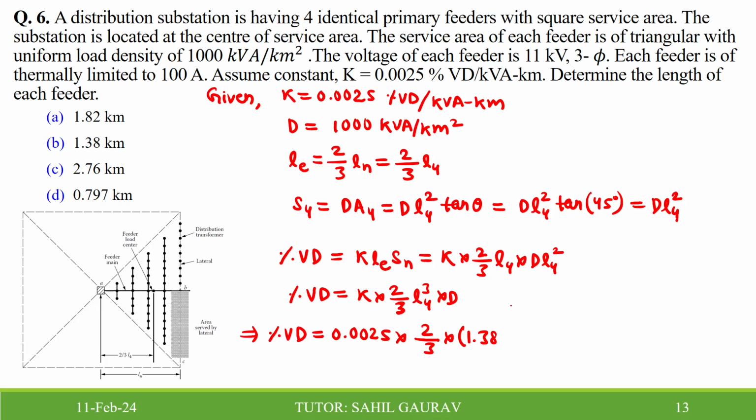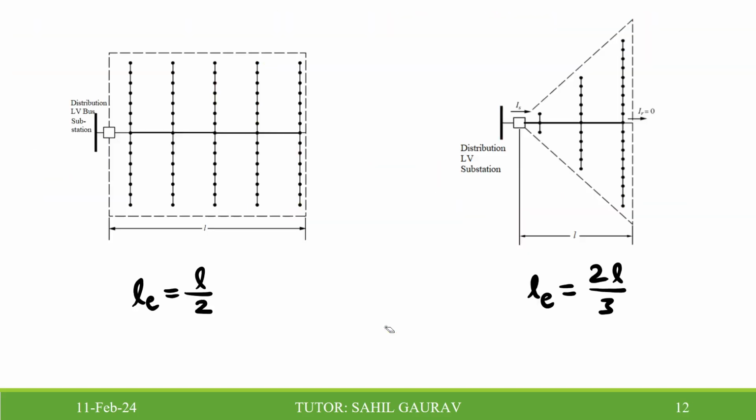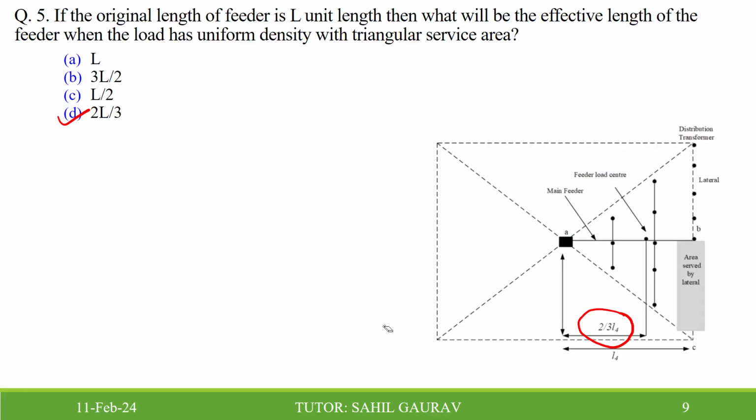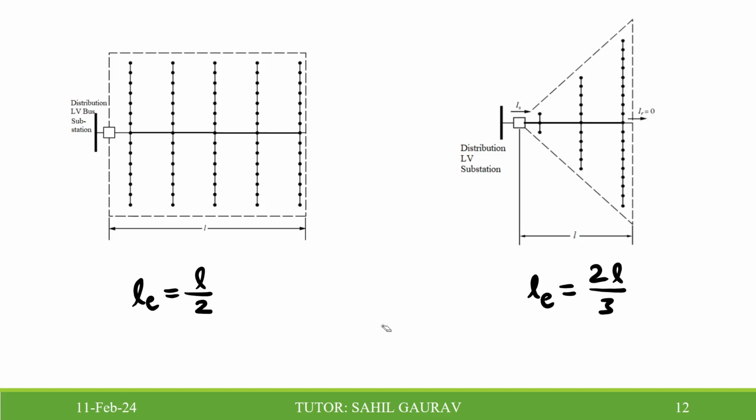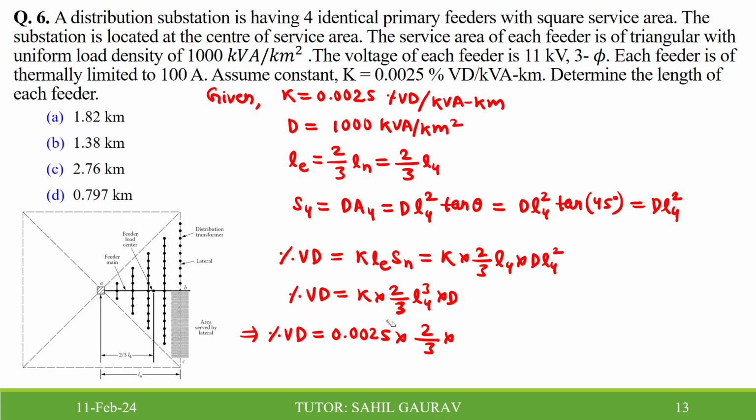So first we have to find the L value. Sorry, I made one mistake. In this problem we have to find the length of the feeder. I mistakenly found all these things.